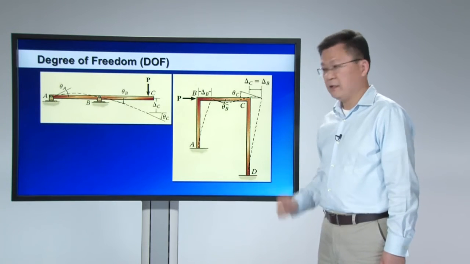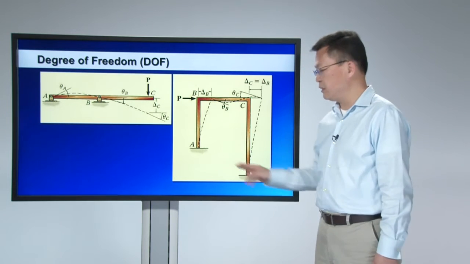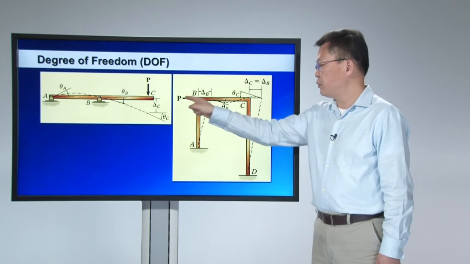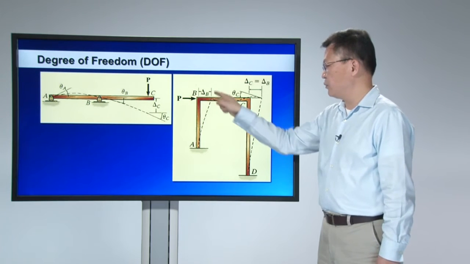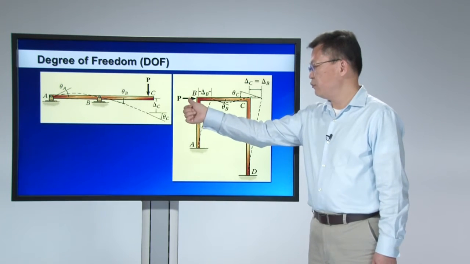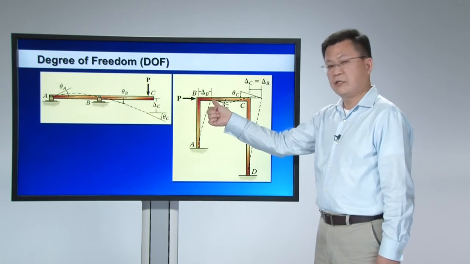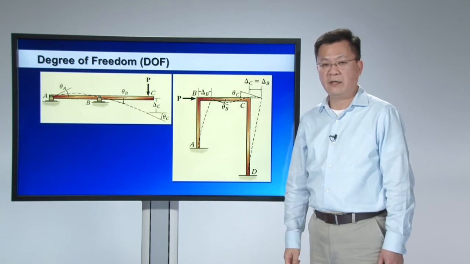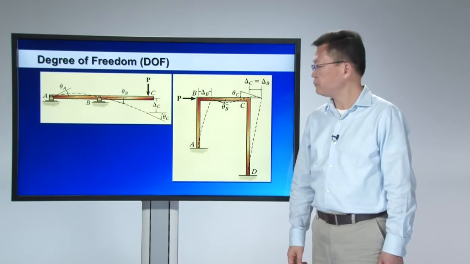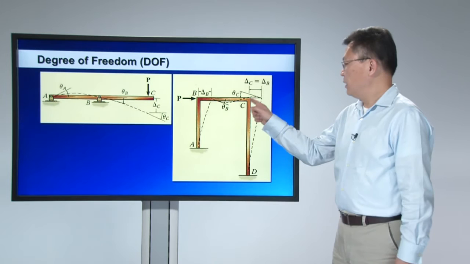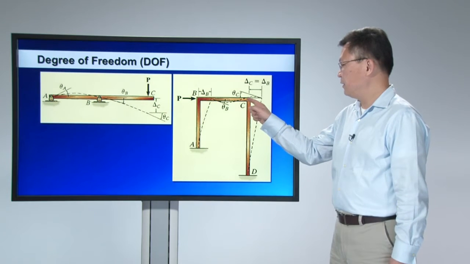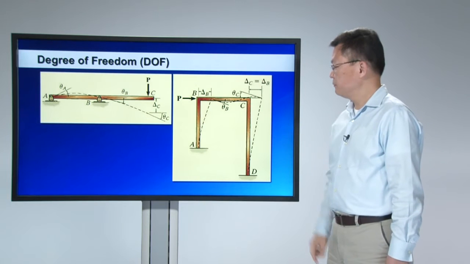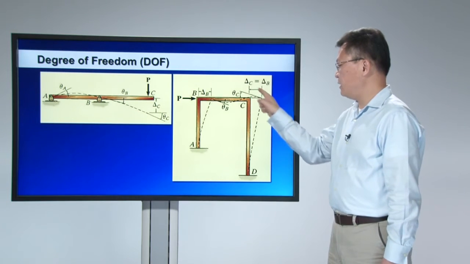A and D are clamped, so no degrees of freedom. B is free to displace as well as rotate. The displacement will be along the horizontal direction, but not the vertical direction, because we assume the elements are inextensible. Node C, again, you can translate, but you cannot move vertically. It can also rotate.